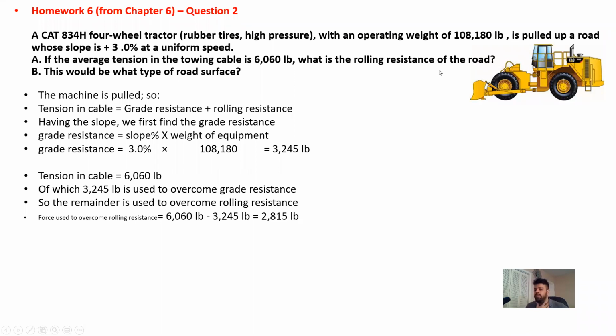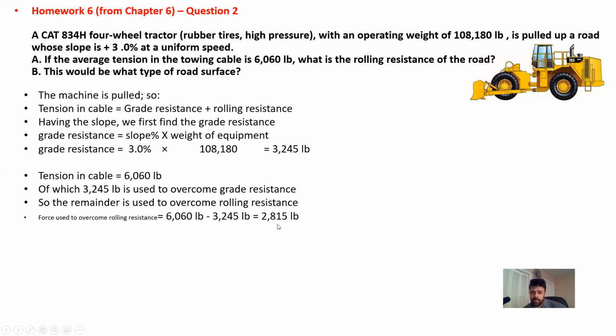We also know what kind of tires we are using. Okay, so we need to use one table, and that table will be the table that correlates the rolling resistance to the type of tires, the type of machine tires.